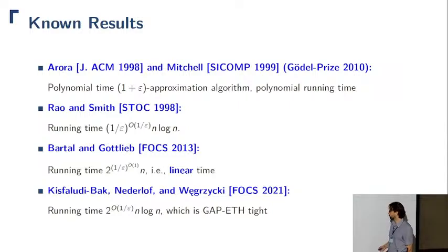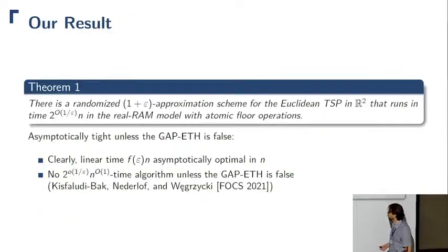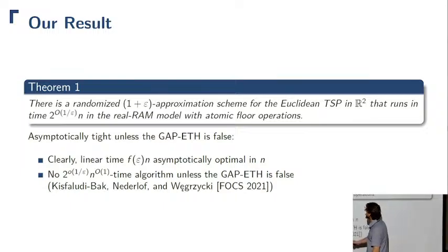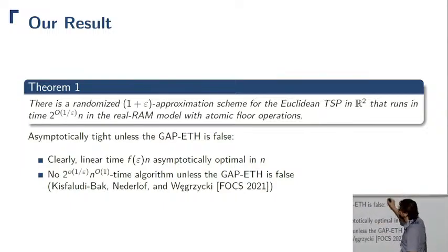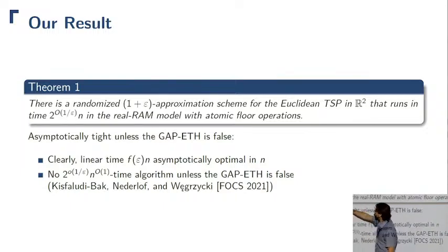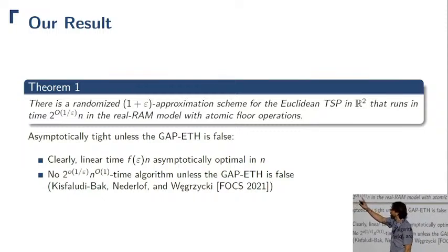And our result is to bring the Bartal-Gottlieb and the Kisfaludi-Bak et al. results together, and we get a 1 plus epsilon approximation algorithm. Our dependence on epsilon is optimal, and the dependence on n is also optimal.